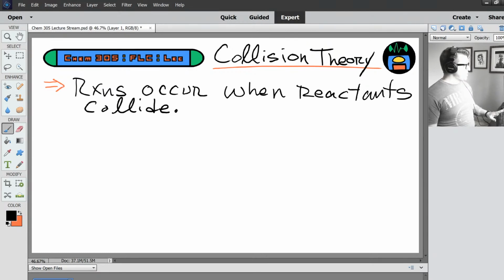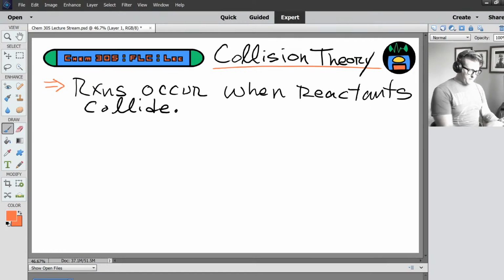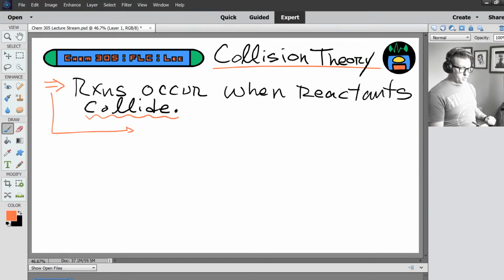Okay, so the heart of collision theory is reactions occur when reactants collide. It's not a very complicated idea, but really where this starts hitting home is when you start thinking about what has to occur for a collision to take place, and this is what really leads us into the heart of collision theory.